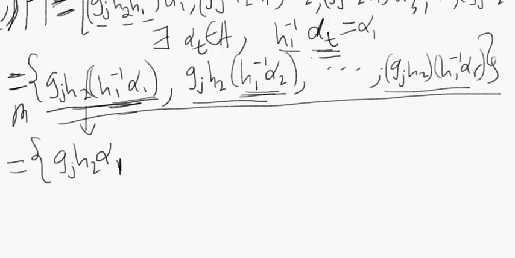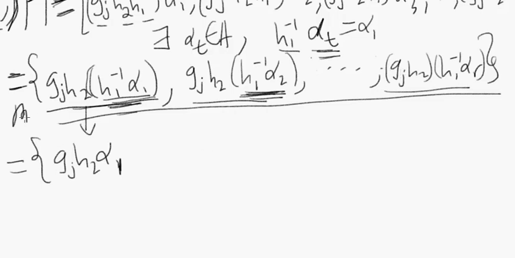So that means that each of these, H1 inverse alpha 2 and so on, gives us some element of H. So we might as well think of the entire thing as each of them being multiplied by the same thing, gjh2. H1 inverse alpha 1 is still multiplied by gjh2, and H1 inverse alpha r is still multiplied by gjh2.